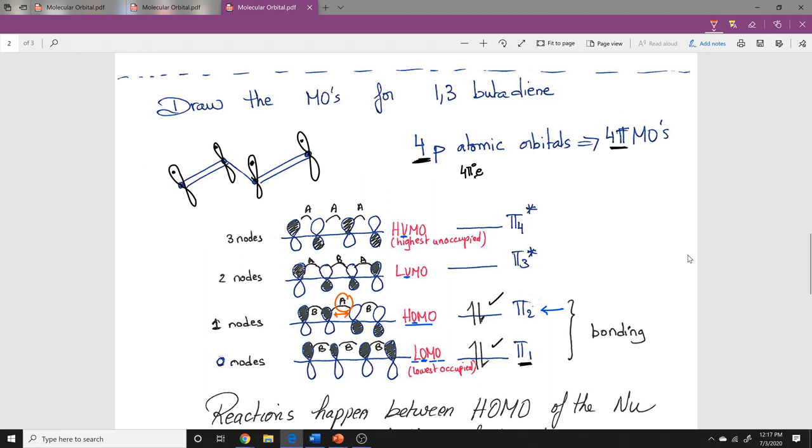So we're starting with 0 nodes for the lowest occupied molecular orbital, and this is always going to happen. You're going to start with 0 nodes, and as you increase in energy, the number of nodes is going to increase from 0, 1, 2, etc.